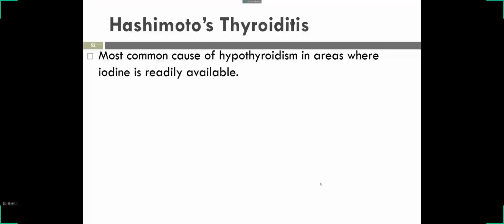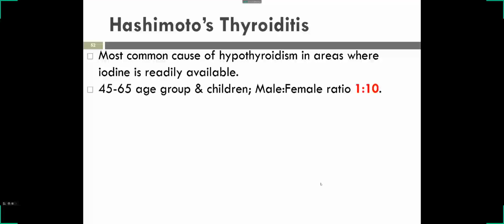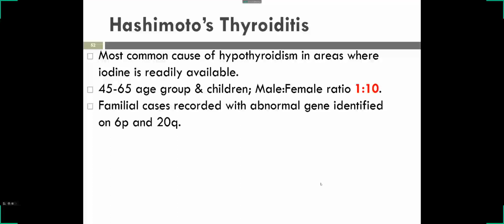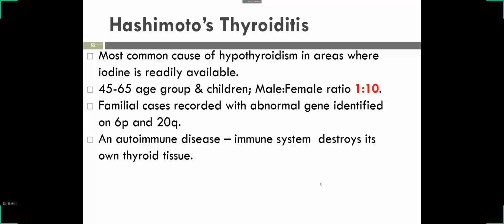Now, what is this Hashimoto's thyroiditis? It's the most common cause of hypothyroidism in areas where iodine is readily available. So 45 to 65 is typically the age group, with some children, and it has a very large sex bias. Familial cases are recorded, with an abnormal gene identified in only a small percent. And it's considered an autoimmune disease.